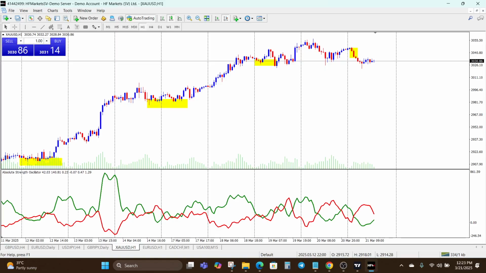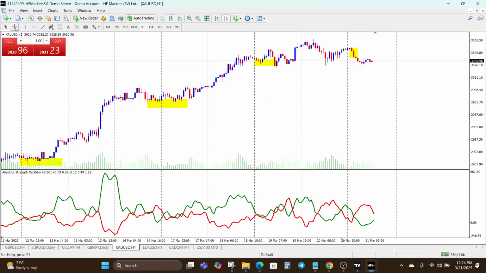All right, the strength of the trend is indicated by the distance between the two lines, so that is another factor to pay attention to. The wider the gap between the green line and the red line, the stronger the momentum.